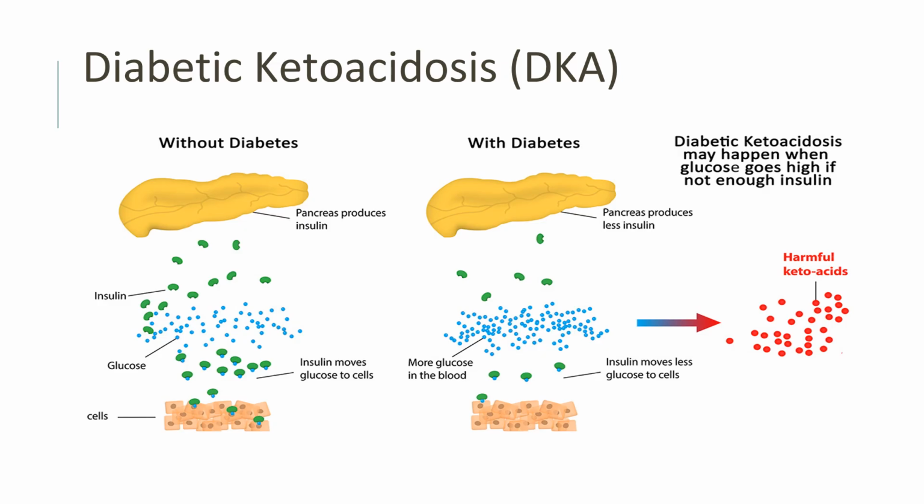Those fast, deep breaths are a really common finding in people with DKA. They're doing these Kussmaul respirations because the body is automatically trying to increase that respiratory rate to blow off more carbon dioxide and hopefully help bring the blood pH back to the normal of 7.35 to 7.45.